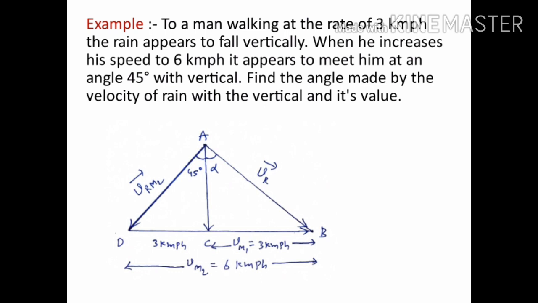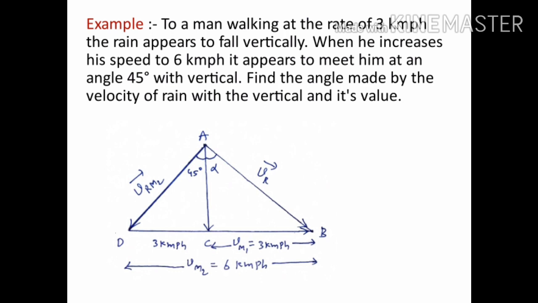Then by joining A and C, you can get velocity of rain with respect to man in the first case. By joining A and D, we can get the velocity of rain with respect to man in the second case. And from that, we can find out alpha value as well as VR value.